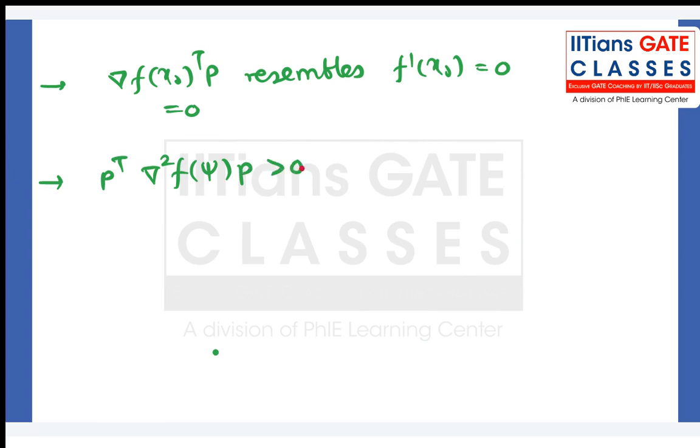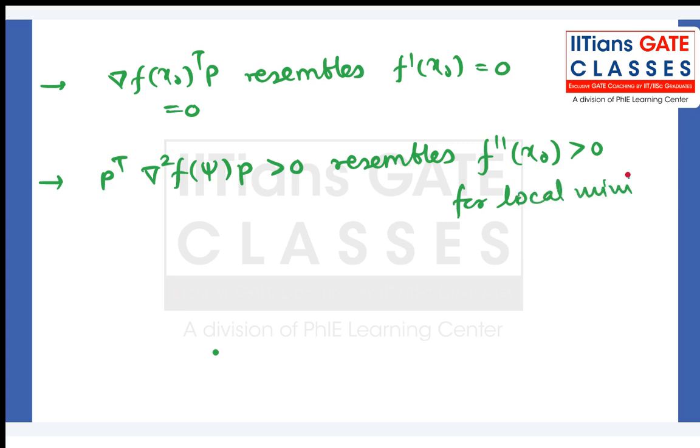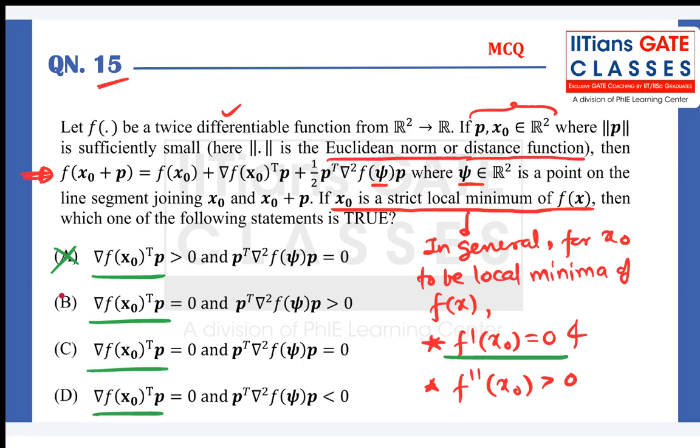For a local minima, because it resembles our second condition where it should be greater than 0 for a local minima at x naught. So even if you had done this much logical reasoning, you would have gotten the correct answer, because the answer is option B only. And if they were asking for maxima, then option D would have been correct.